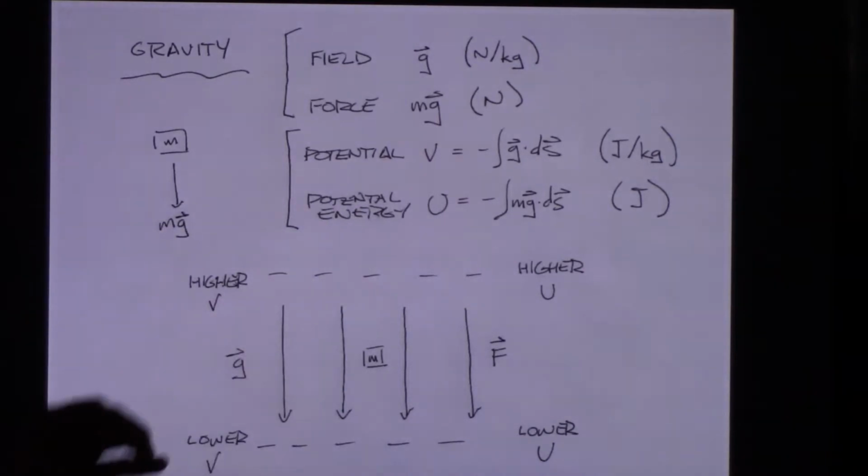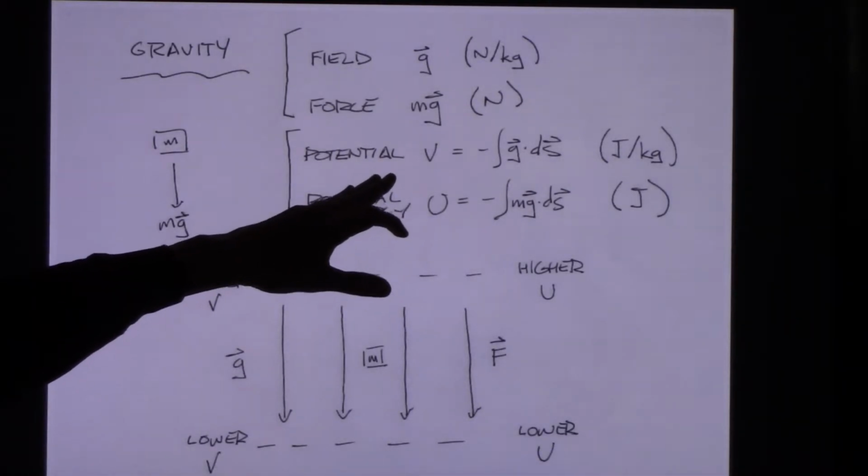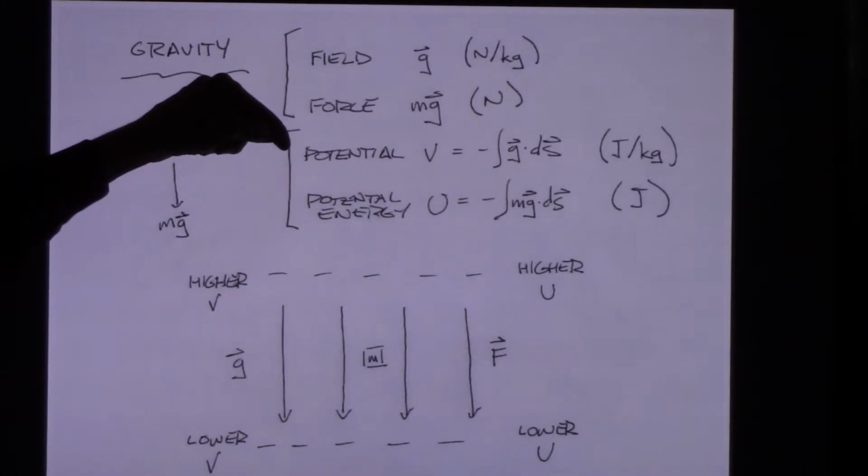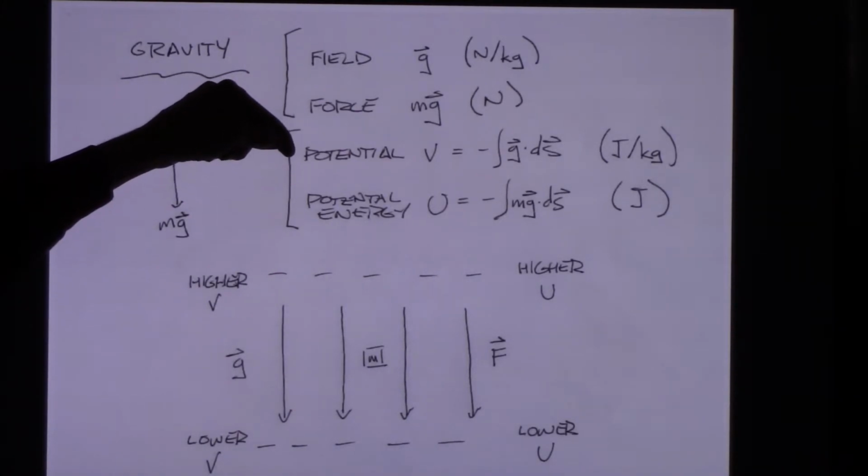There's something called the gravitational potential, which we didn't introduce in Physics 4A. Our textbook didn't introduce it. We didn't bother with it. But I'm going to put this in for completeness because I want to be able to draw the comparisons between electric force and gravitational force. And when we get to the electric force, we certainly want to introduce electric potential.